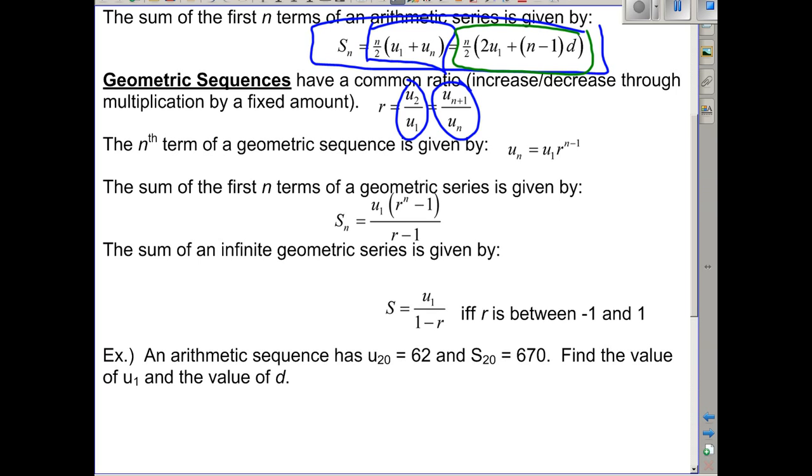So if I have a sequence that goes 3, 12, 48, it seems like I'm going up through multiplication here. The common ratio would be 4, which I could find by 12 divided by 3 gives me 4. And I can verify because the third term divided by the second is also 4, or 48 divided by 12 is 4. So the common ratio in that case would be 4.